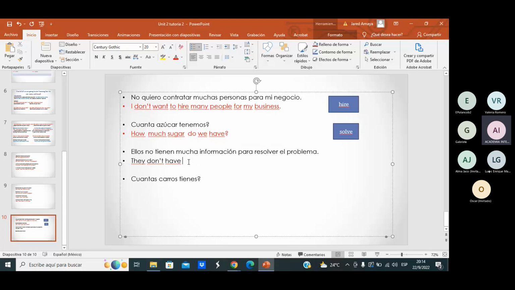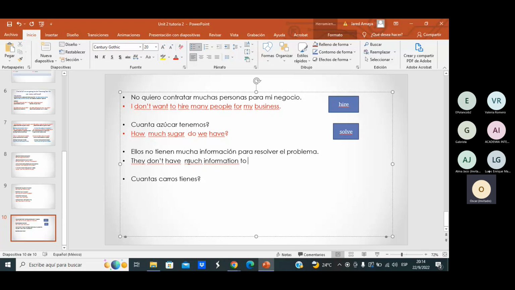Okay, but why are you using much and not many? La información es un sustantivo no contable. Yeah, you can say information is an uncountable noun. Para que demos una explicación en inglés, ¿verdad? Information is an uncountable noun. Okay. What's the meaning of resolver? They don't have much information to resolve the problem.